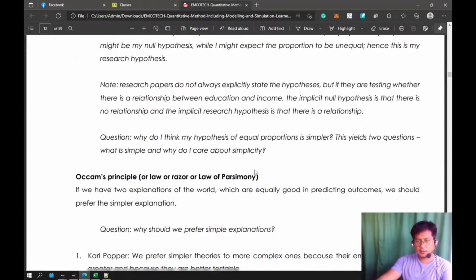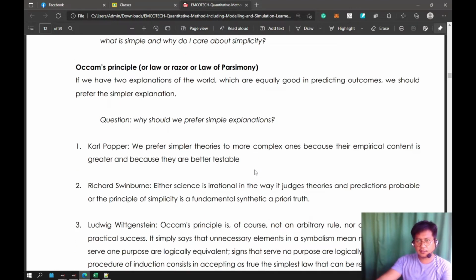And then as of today, we are going to talk about a continuation, some of the topics that need to be known before writing a thesis or a research paper. So first on the list is Occam's principle, or the law of razor, or law of parsimony.